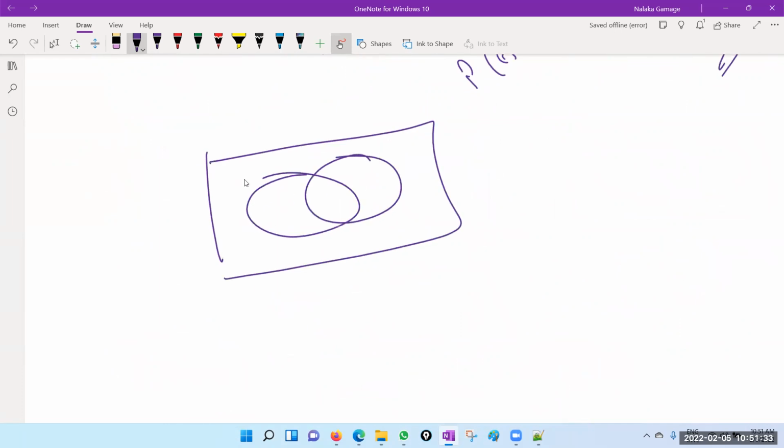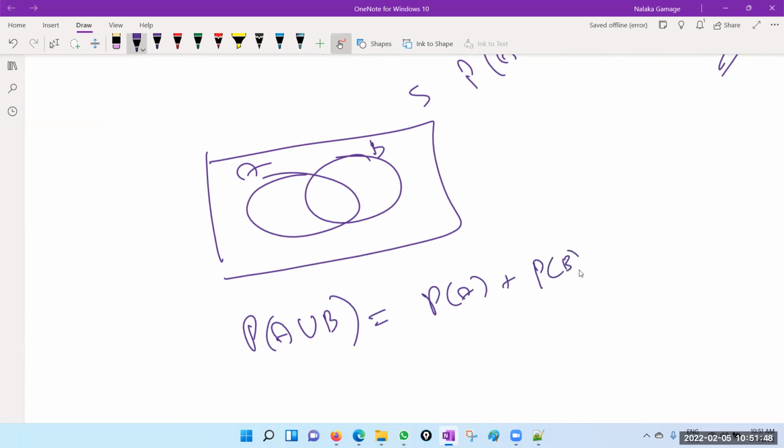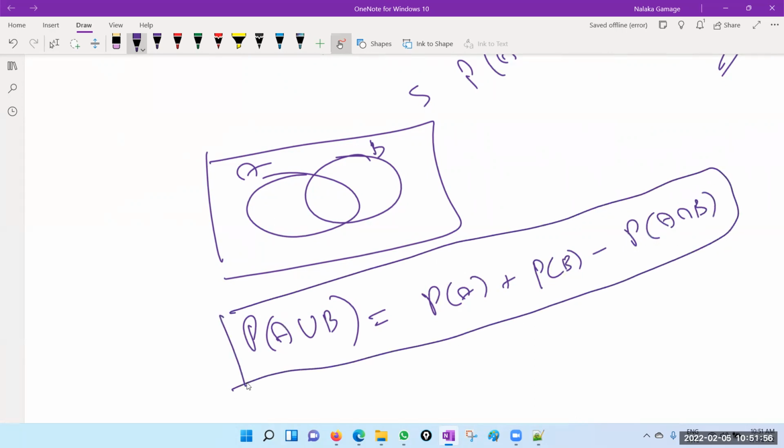When they are not mutually exclusive, the probability of A or B happening is P(A) plus P(B) minus P(A intersection B). That is the general formula.